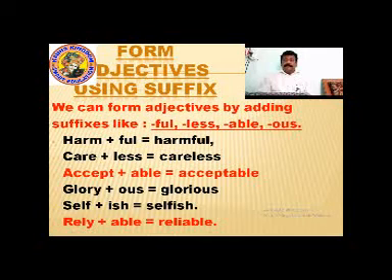FUL, F-U-L, full, L-E-S-S, less, A-B-L-E, able, O-U-S, OUS. In the previous part, we saw making nouns by MENT, ING, ATION, ION. Now we are looking at how to form adjectives.